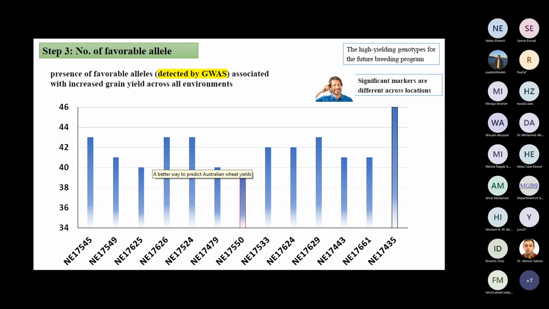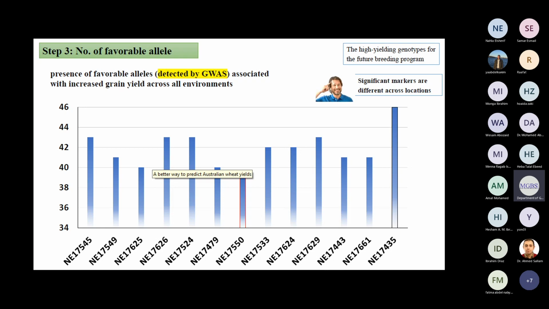Step 3. We have identified 13 genotypes and we have identified genes. Let us go deep into the genome of each genotype. This genotype has like 43 significant alleles or significant SNP markers across all locations, and so on, as you see here.